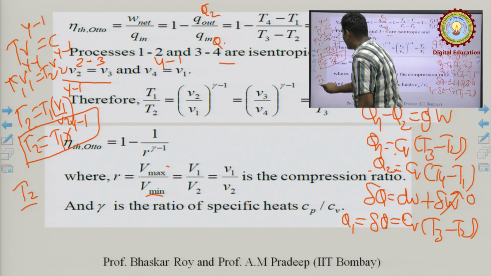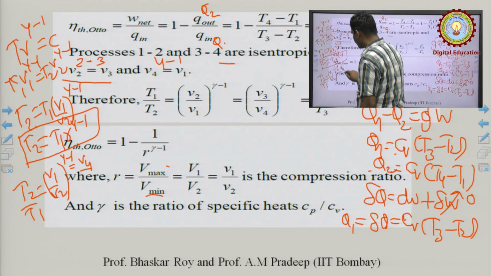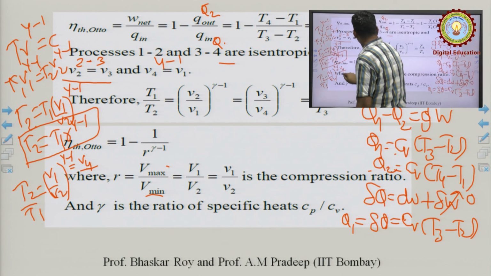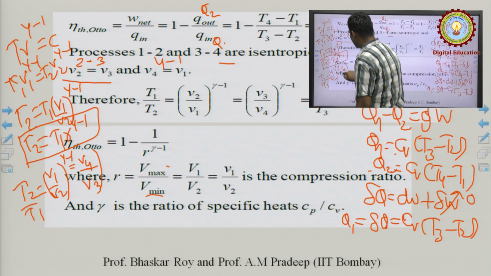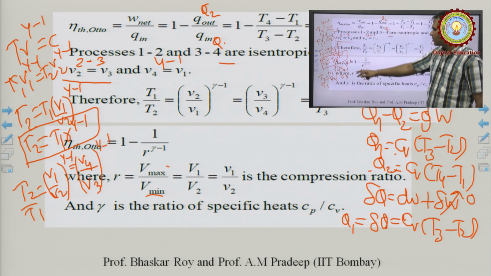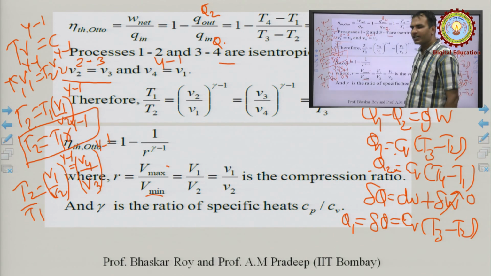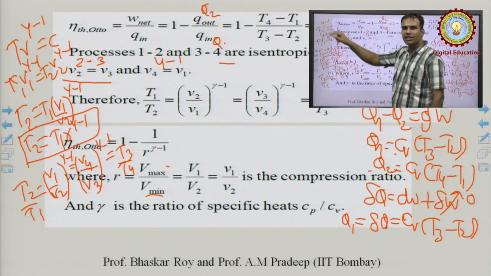So, T2 by T1 is equal to (V1 by V2)^(gamma minus 1), and V1 is equal to V4 and V2 is equal to V3. So, from here (V4 by V3)^(gamma minus 1) can be written as T3 by T4, because T V^(gamma minus 1) is constant.